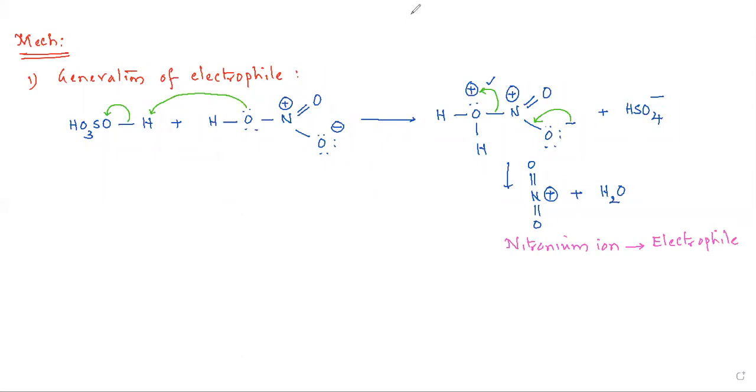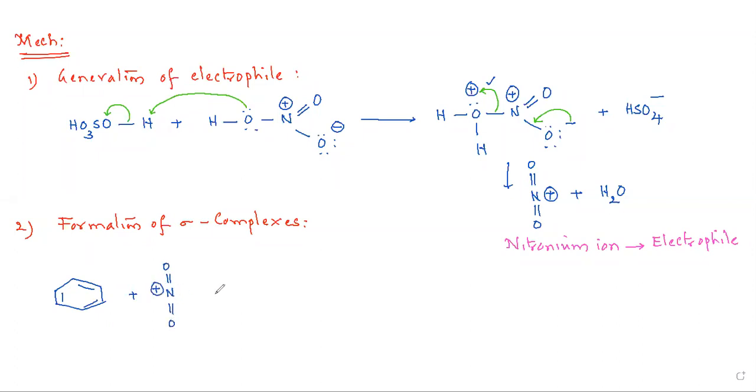Now go for the second step. Formation of sigma complexes. Similar. Look at this. Now this NO2 plus comes into the picture. This step is of course a slow, rate determining step.